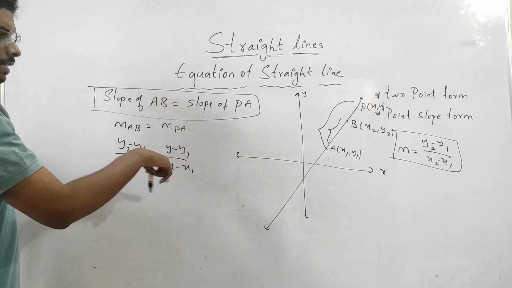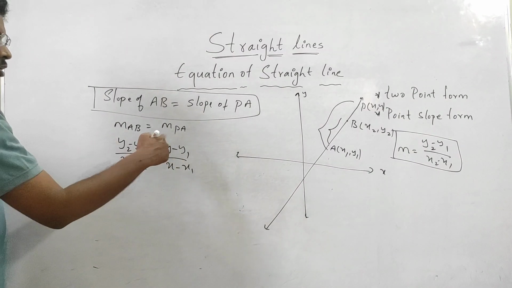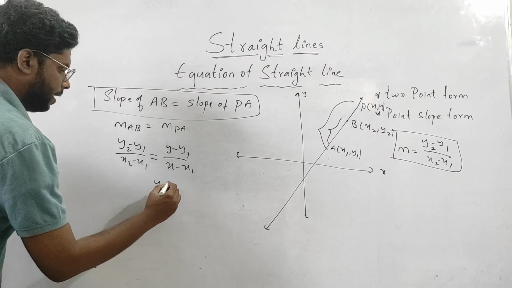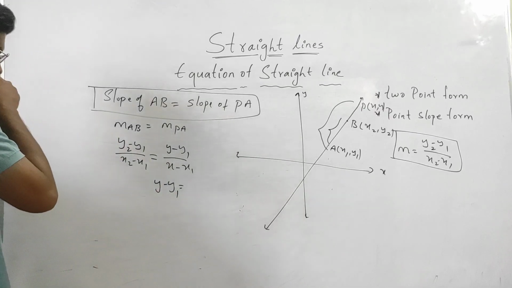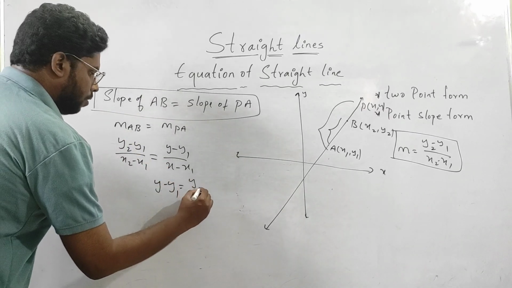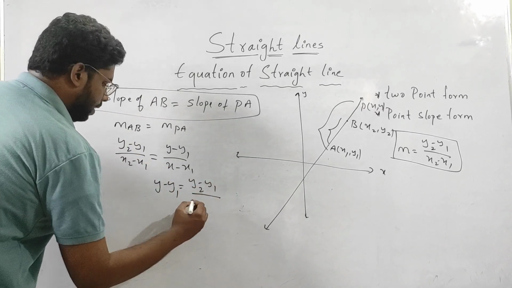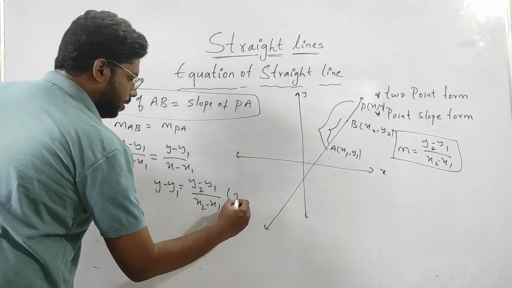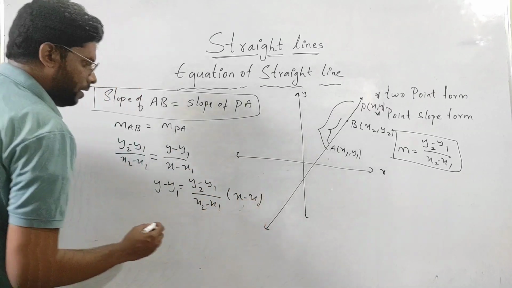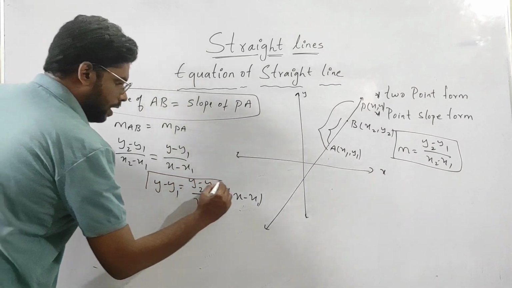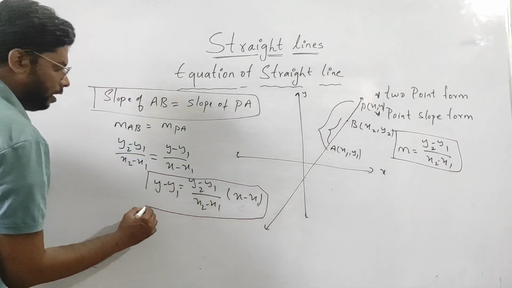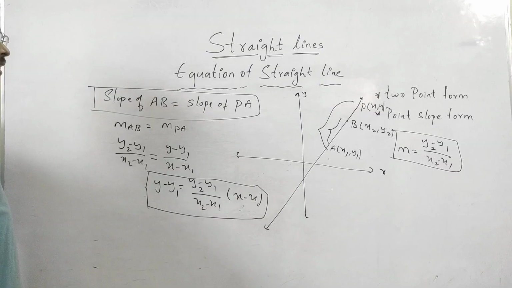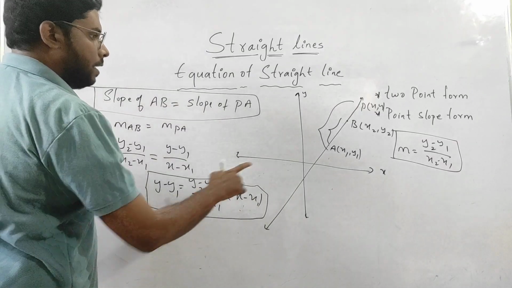Now rearrange the terms, send this term to that side. So what will it become? y minus y1 is equal to this as it is, y2 minus y1 by x2 minus x1, and this will come in the numerator, x minus x1. So this is the formula to find the equation of a straight line when two points are given.